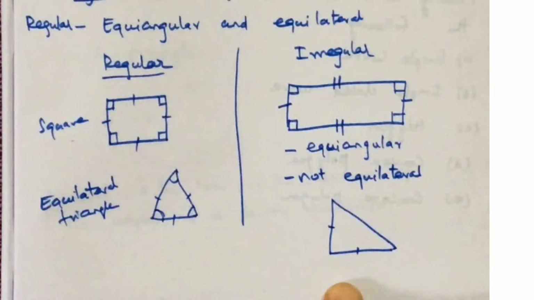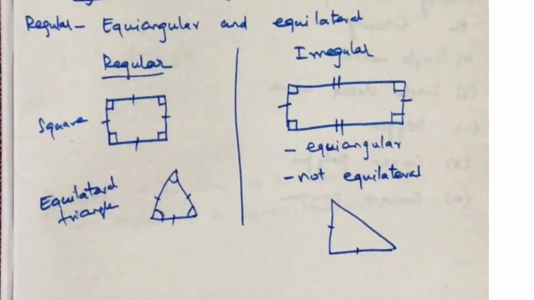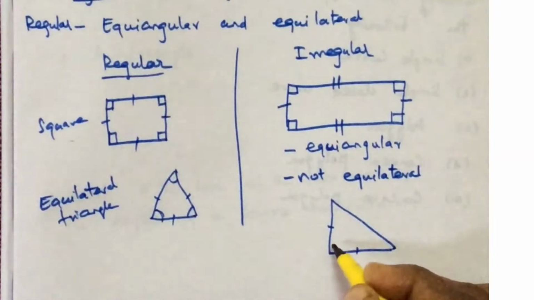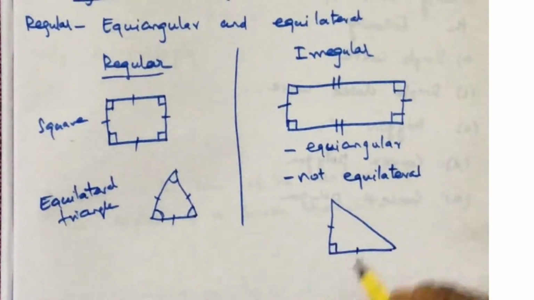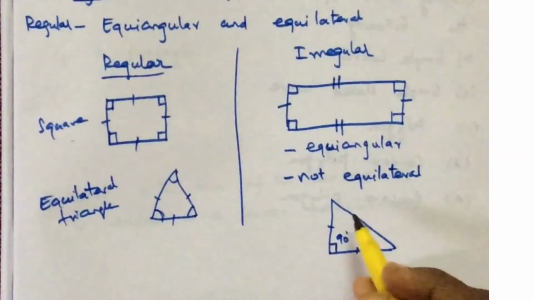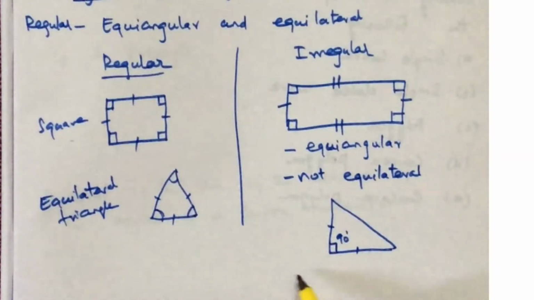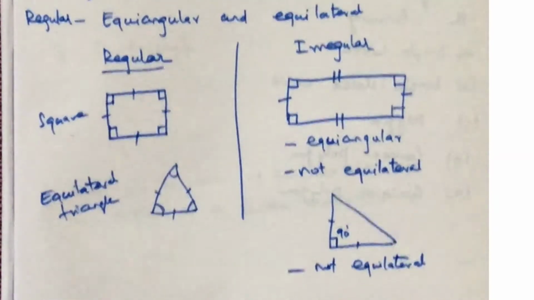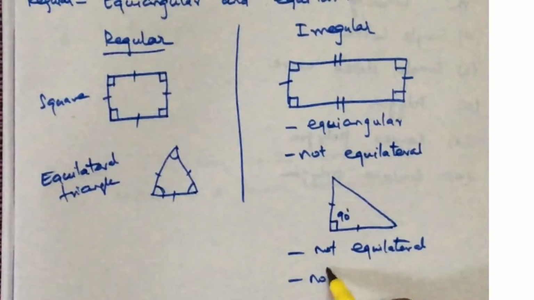For this isosceles triangle, only these two sides are equal, and here the angle is 90 degrees, but this and this are not 90 degrees. So this is not equilateral, and also not equiangular.